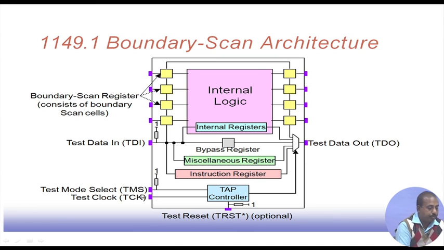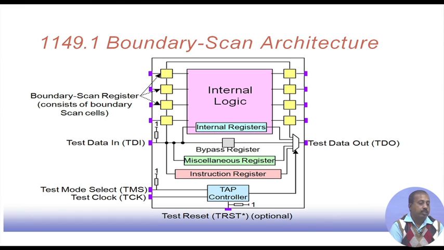Now, there is a test mode select signal. That will tell the TAP controller what to do with the next input that is coming, whether it should go to the instruction register or some other miscellaneous register, or how this test data out will be controlled. All of that is obtained from this test mode select line.